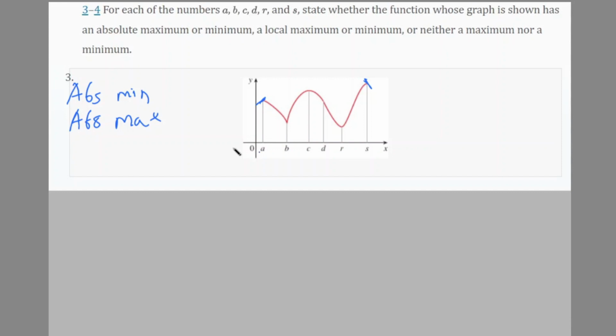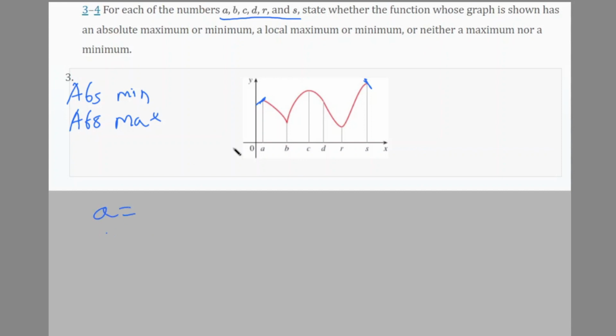But by the rules of calculus, it cannot be an absolute maximum or a local maximum. So let's start on with the question. We've got to identify all of the letters and state whether they're max, min, or neither.